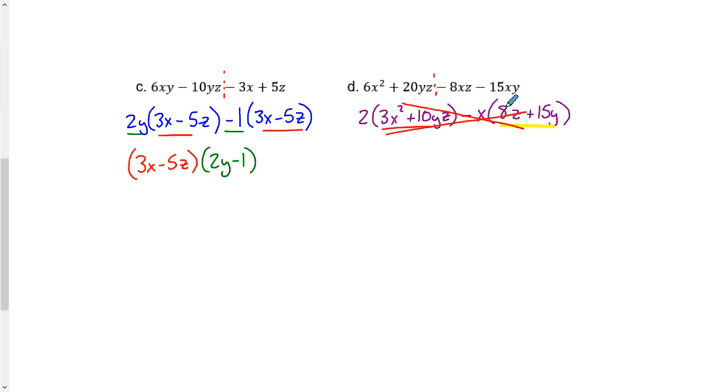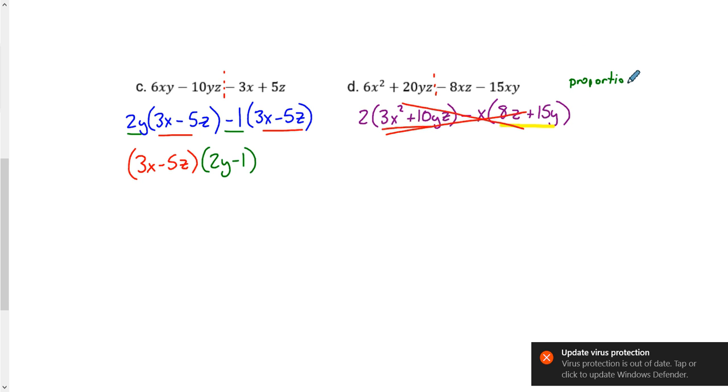What we want to do is look at these numbers, look at our variables, and see how we can group them together in some way, shape, or form that is going to be the same. And the easiest way to do it is look at what is proportionate to each other.